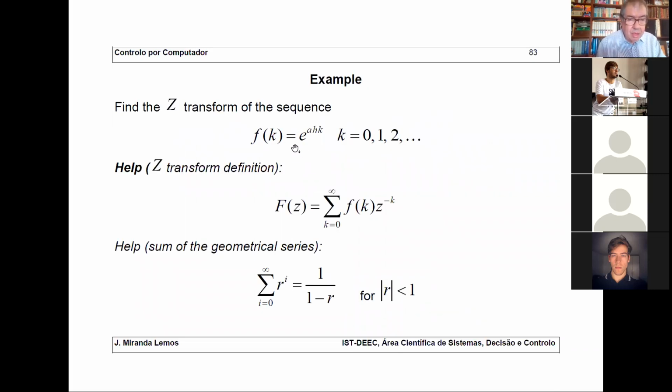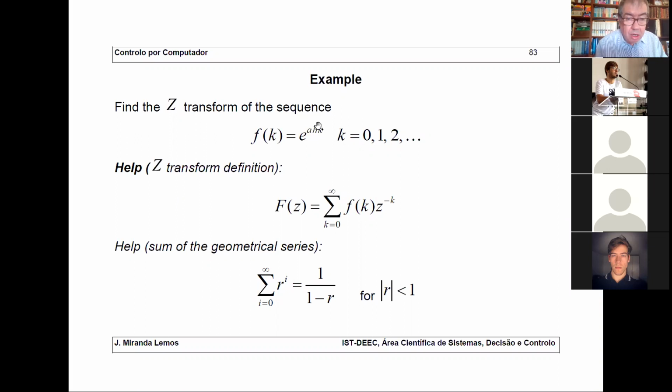Okay? Let's see another example. Suppose that you have an exponential, but actually it's a power, because e is the number e, 2.718 and so on. And a is a constant, and h is a constant, and then you have k, the discrete time. So this is the same as e to the ah, up to the power k.